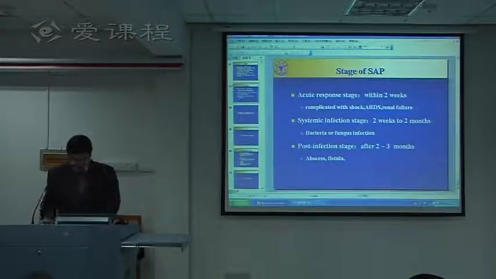And just now we talked about the MODS in severe acute pancreatitis patients. So next we'll talk about the stages of severe acute pancreatitis. In the early stage, the pancreatitis has no infection. So this stage we call the acute response stage, mostly within 2 weeks.